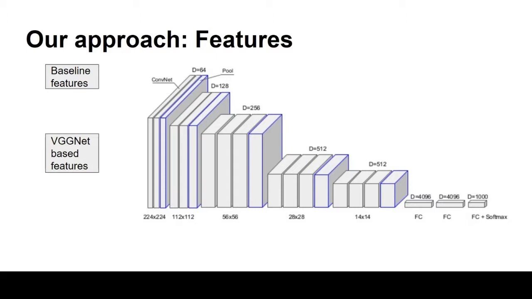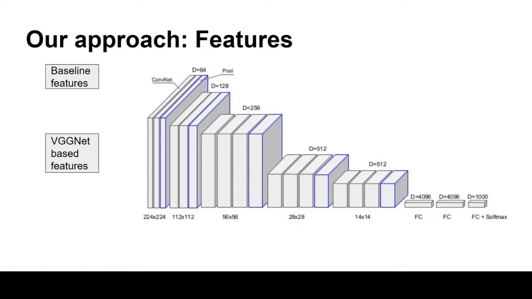As we can see, going from left to right, we have several convolutional layers of different dimensionality. Starting from 224 cross 224, we end up at a convolution of 14 cross 14. And then finally, we have a few fully connected layers. And then the final softmax is the predictor for class.